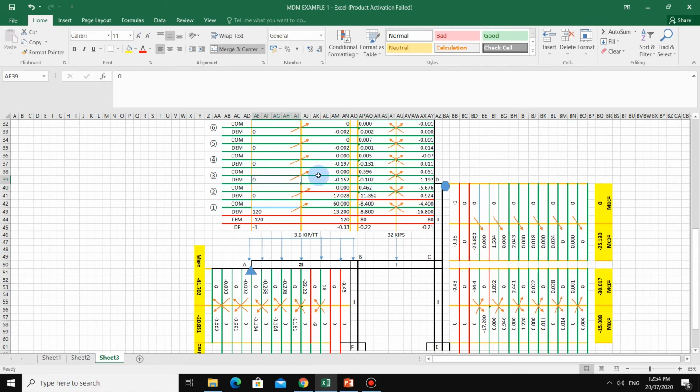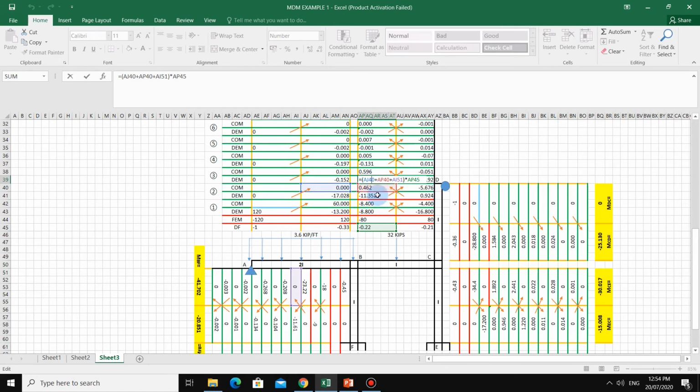Okay, so third cycle, same again. So we'll get the DM. Here we got negative 0.152. So again it is the CUM from the second cycle, then times the distribution factor.